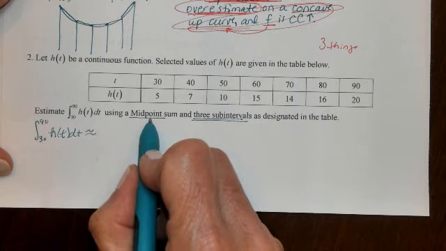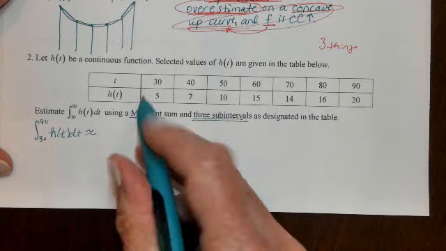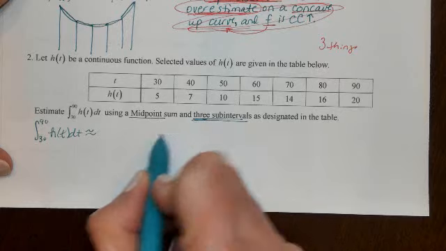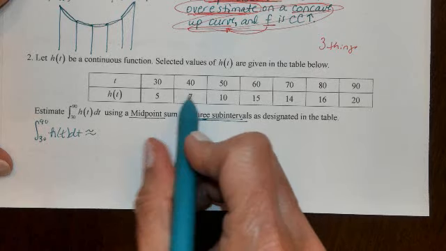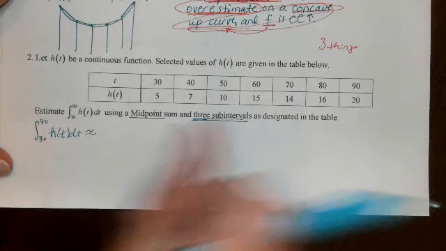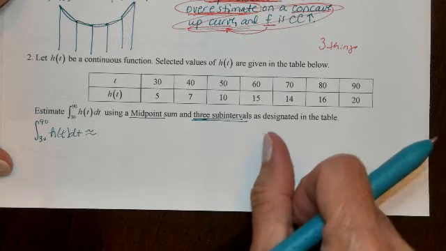Whenever they ask you for a midpoint sum, they're going to have to make your information include a midpoint value of your x's, right? That's why they're only asking for 3 subintervals here instead of 6, so that you can use a midpoint.